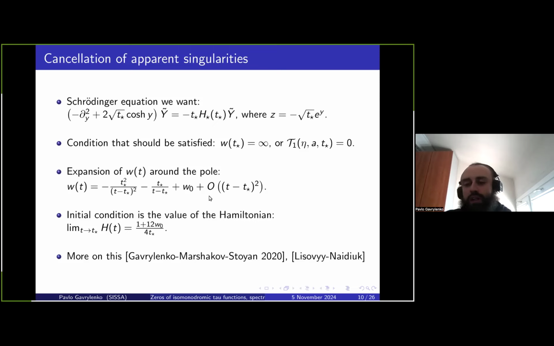And all higher terms are defined by t star and this constant. And if you compute the value of the Hamiltonian at this pole, it turns out that it is expressed in terms of this constant.